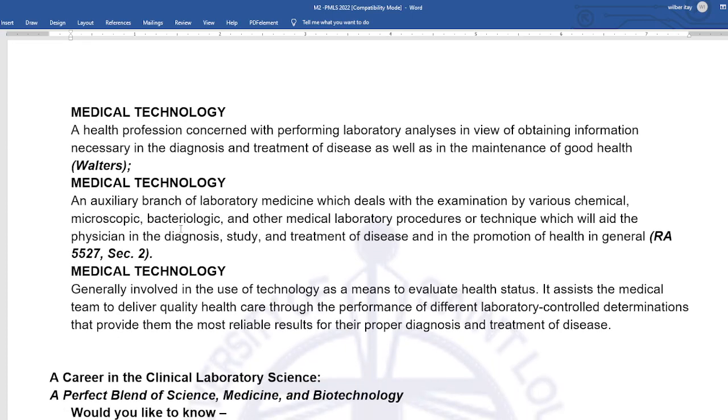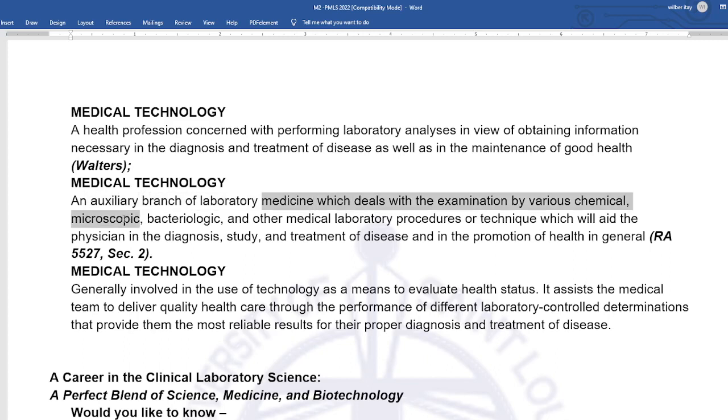So, by the definition of RA 5527 Section 2, okay, this is the law of the Philippines, the medical technology profession is an auxiliary branch of laboratory medicine.